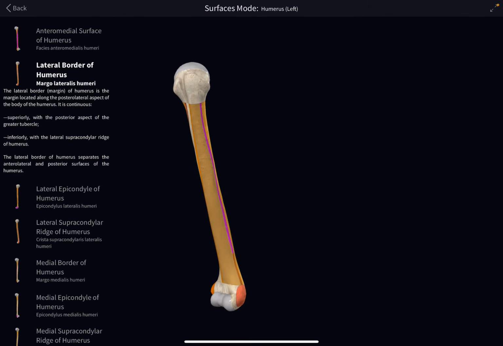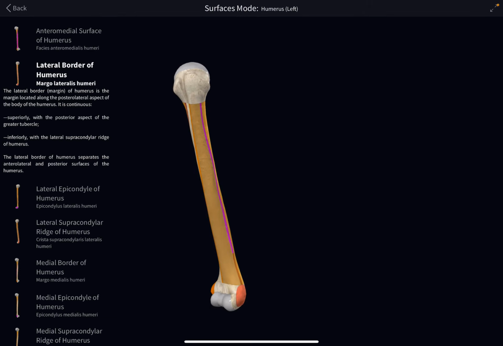When you trace it upwards, that's the medial border, now highlighted in pink color. It goes all the way upwards and becomes continuous with the medial lip of the intertubercular sulcus. So here is the intertubercular sulcus, a sulcus present between the lesser tubercle and the greater tubercle. So these are the borders of the humerus.